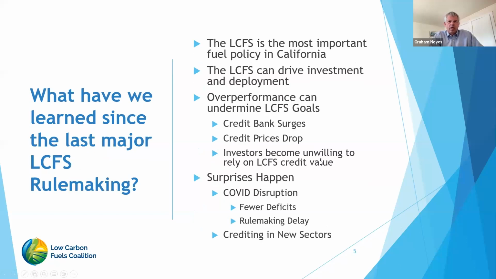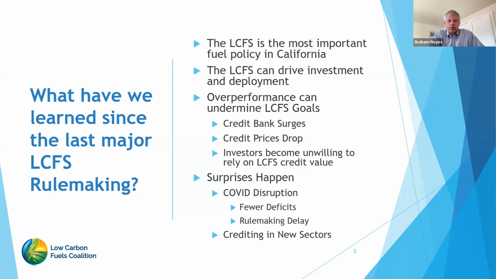So the key factors that drove the interest in the acceleration mechanism, and we commend AJW for its work in this sector, were, through the scoping plan, the recognition of the low carbon fuel standard as one of the most important fuel policies in California, recognizing that it can drive investment and deployment.